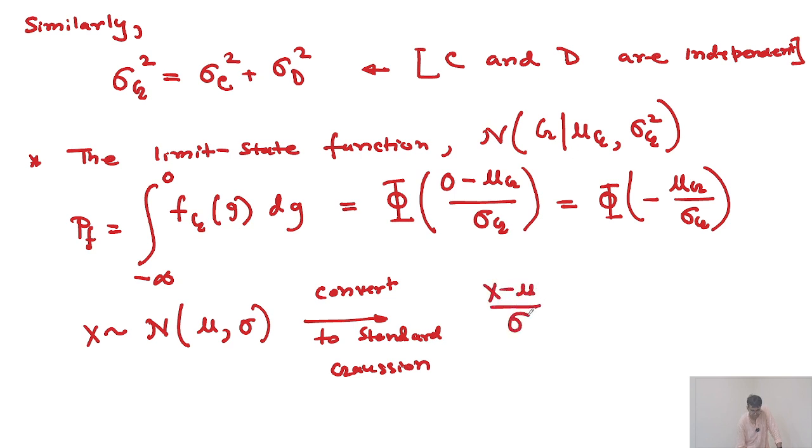If you do that, you will get a z variable, and this z variable will follow a Gaussian distribution with mean 0 and standard deviation 1. And for this standard normal distribution, the CDF is represented by this form. This is the CDF of standard normal.